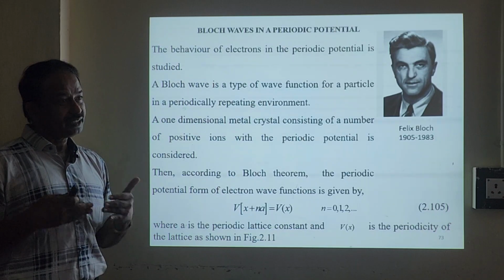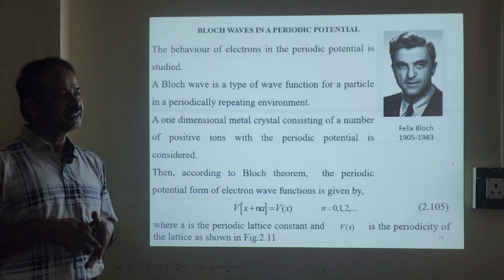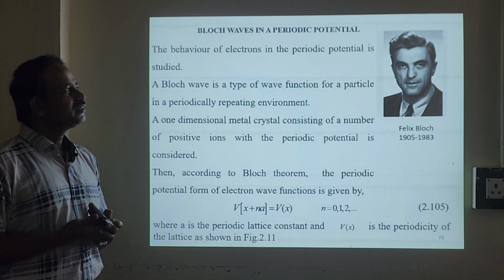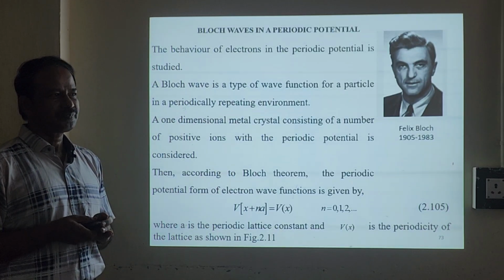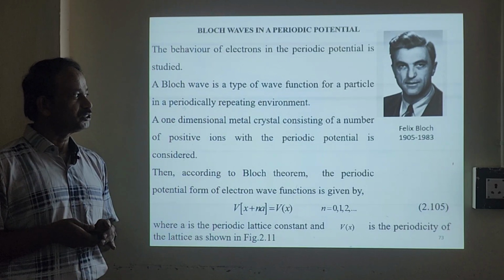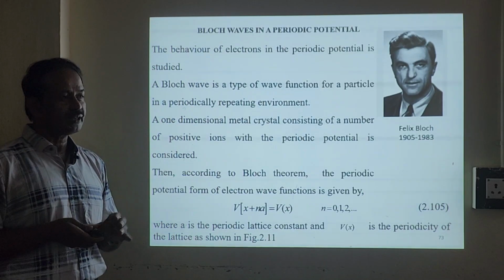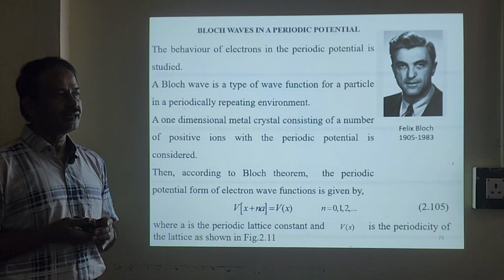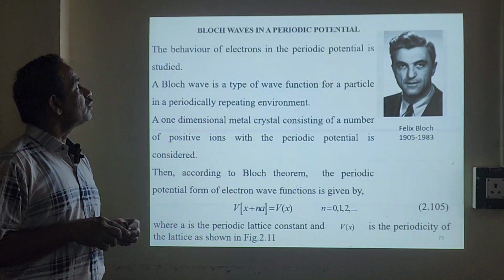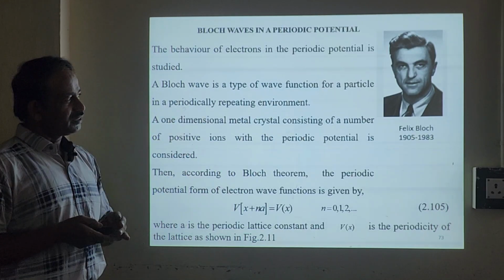From there he was a pioneer in starting discussions about the atom bomb. So, a very famous person, Bloch. He got the Nobel Prize in the year 1952, and he shared it with Purcell, for work on nuclear induction. So he is Bloch.